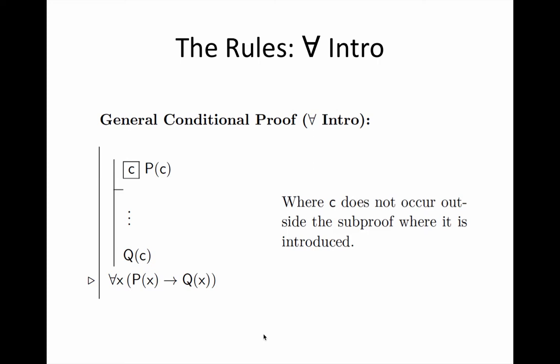Another way to say it is that the vertical P, then Q just says if P, then Q.